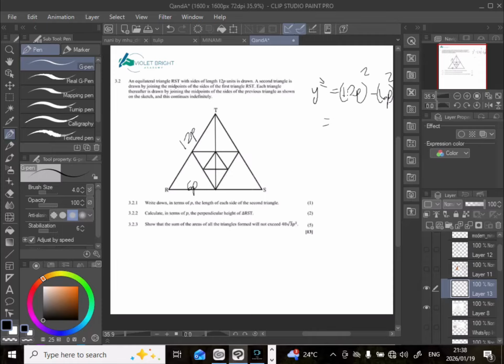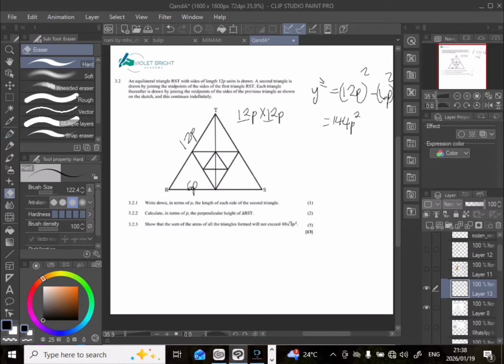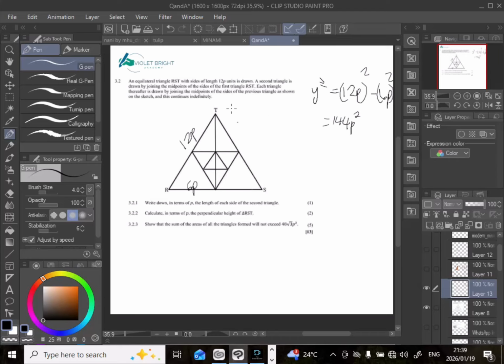It's going to give us 12p times 12p, which is multiplying these ones will be 144, then p to the power 2. Remember that law of exponents. Then 6 times 6 is 36p to the power 2 minus 36p squared.